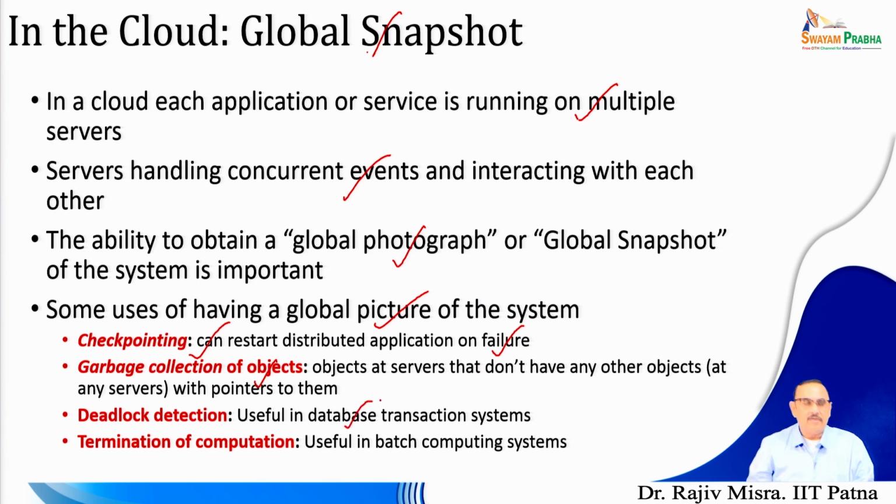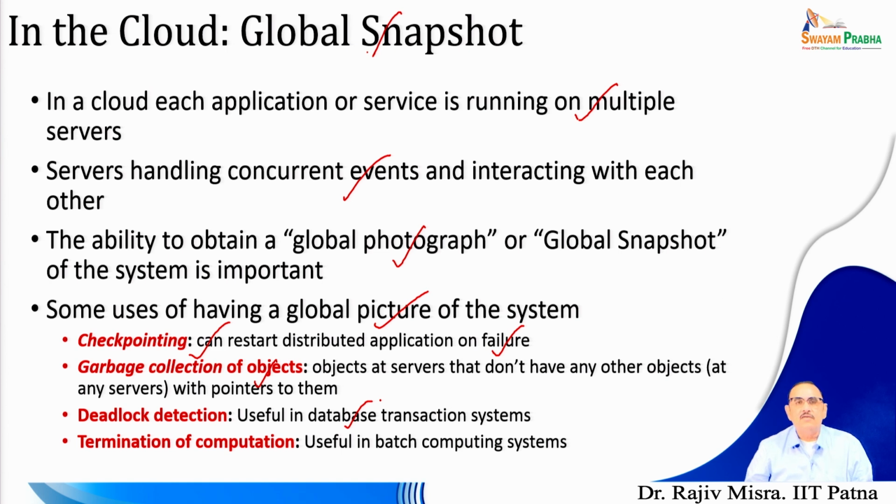Then another important application is deadlock detection, which is useful in database transaction systems. Deadlock detection also requires the global snapshot to find the deadlock in a distributed system.